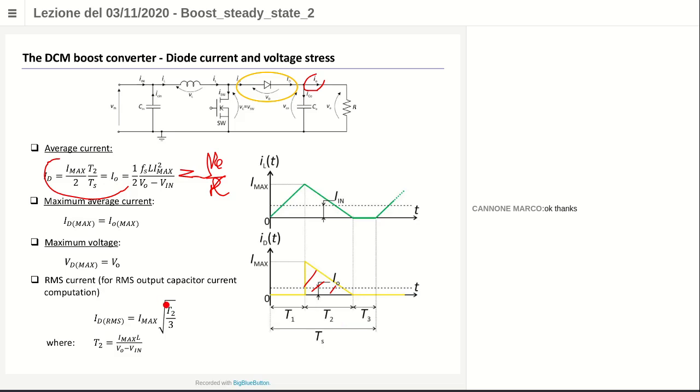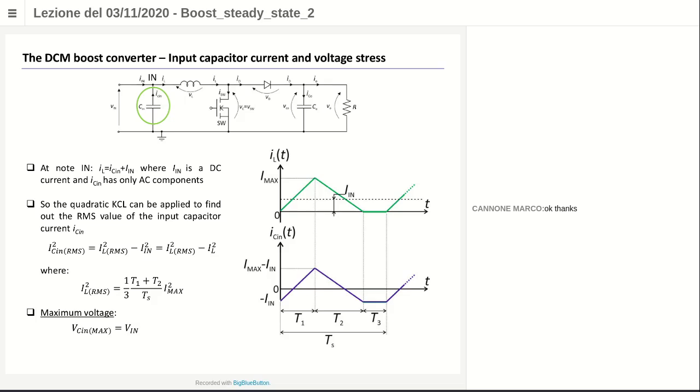In this way, T2 is not correct, it is D2, D2 over Ts. But anyway, Imax square root of D2, where D2 is defined as T2 over Ts. Since there are a few errors in this slide, I put the corrected PDF version in this afternoon, okay?